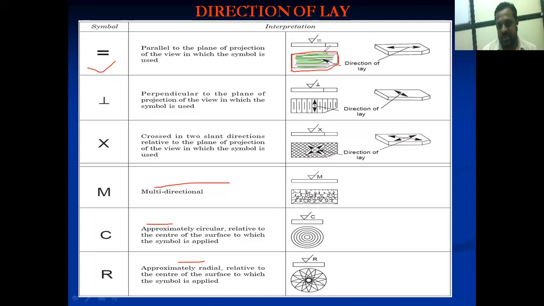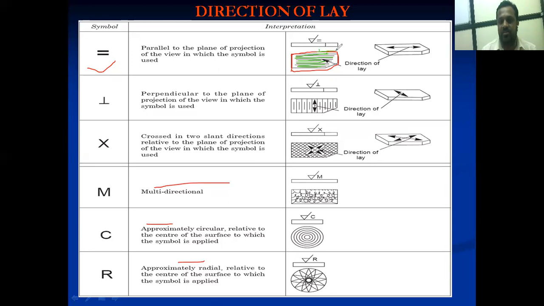You can see this is our surface, and the irregularities on this surface, how will those irregularities be? They will be parallel to that surface. See this is the surface, you have to compare with this surface, the red line.